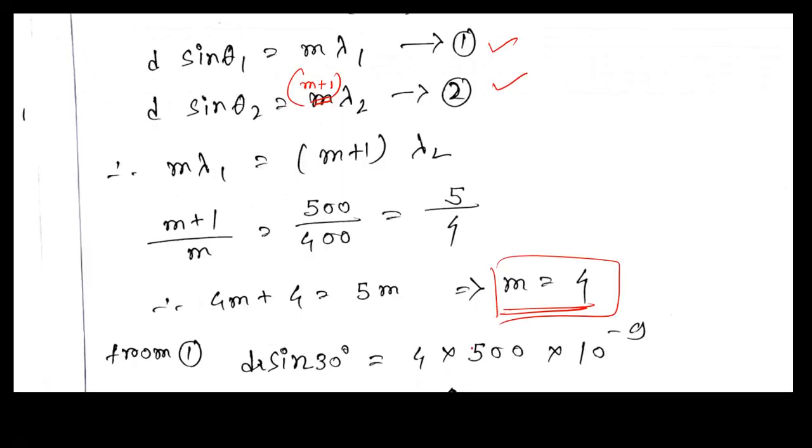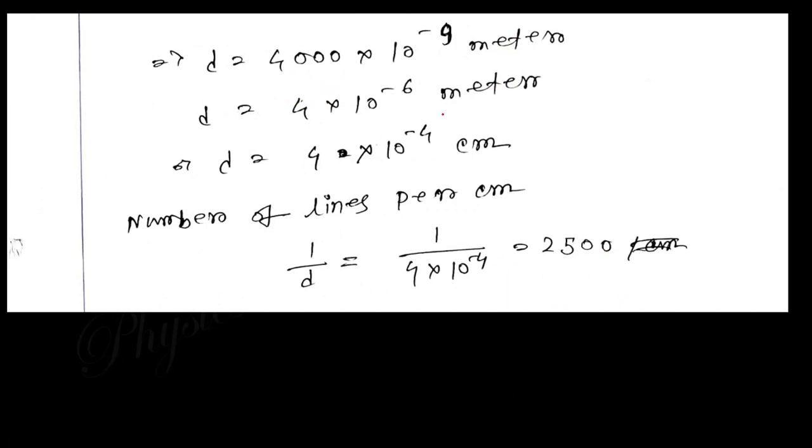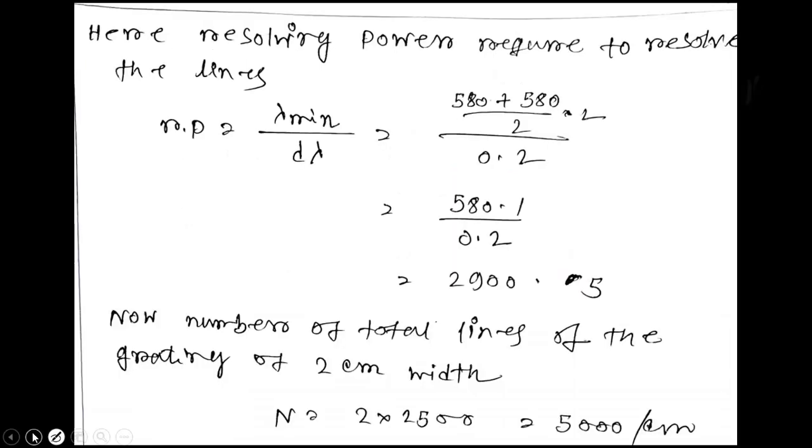So from equation 1, d sine theta with 30 degree and m equals 4, lambda 1 is 500 nanometer, so you will get d in meter, then in centimeter. So the number of lines per centimeter is 1 by d. Clear?